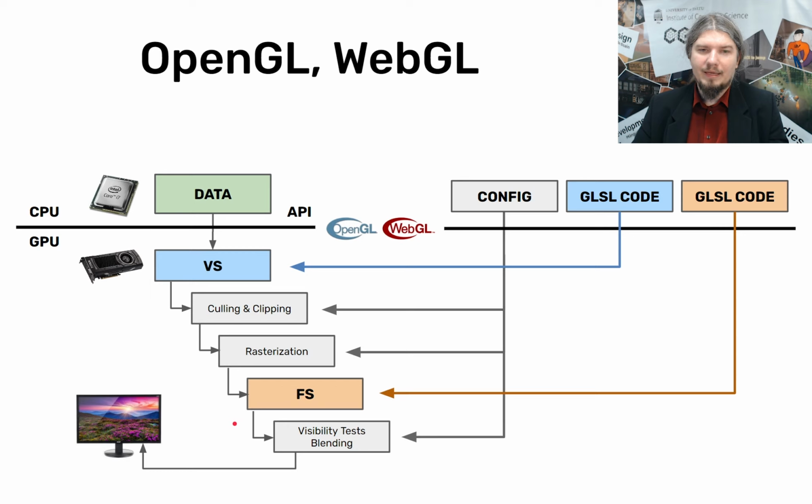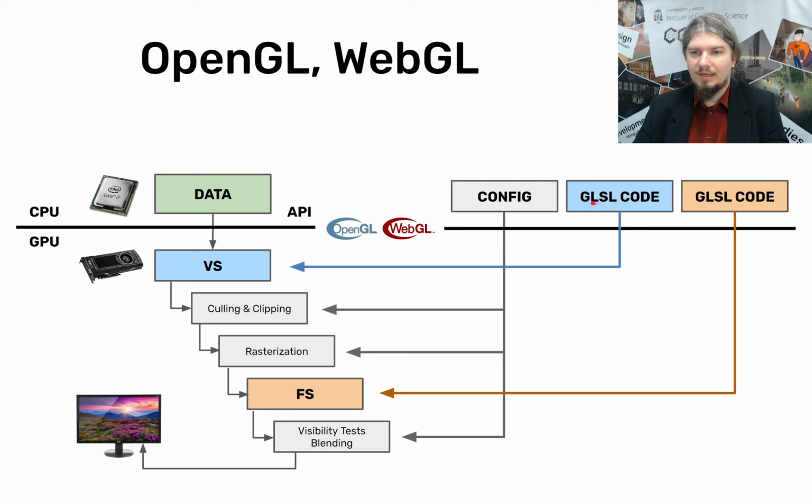So if you look back at the pipeline, we had the CPU, where you define your data, you send it to the GPU, and then the GPU is going to process that data. So if you have geometry, and we'll talk about geometry later in more detail, then the vertex shader is the first thing that is run on the vertices.